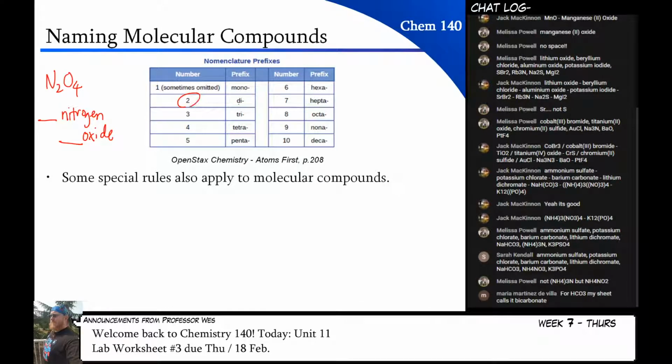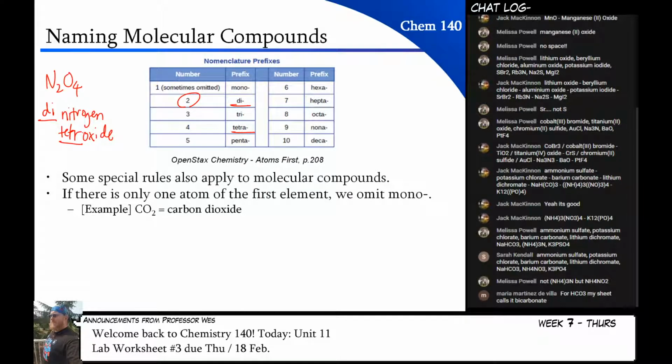So 2 is di, so I do this, dinitrogen. And 4 is tetra, so I would write tetroxide. However, for oxide, we actually shorten it a little bit to make it sound better. And you'll see what I mean by some of these exceptions in just a second here. But this is the gist of it. You just stick the prefixes in front of the element name in both cases.